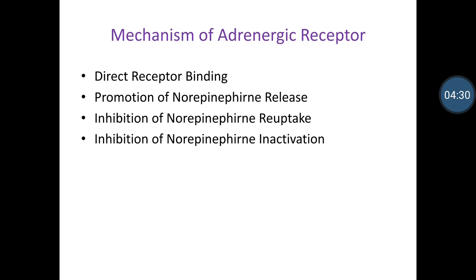Yes, right. The mechanism of action of sympathomimetic drugs or adrenergic receptors takes place in four ways: direct receptor binding, promotion of norepinephrine release, inhibition of norepinephrine reuptake, inhibition of norepinephrine inactivation.